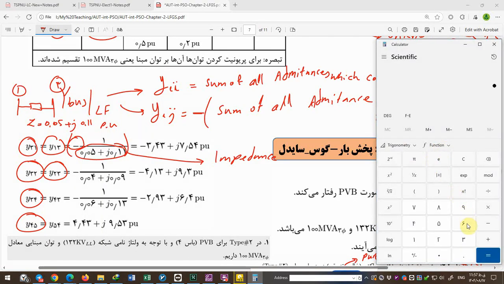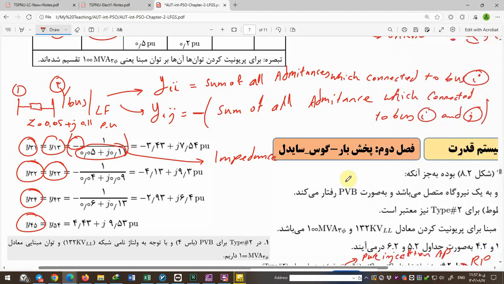Let me see if we can calculate here. Unfortunately not. Please try to find these equations and results at home with your calculator.